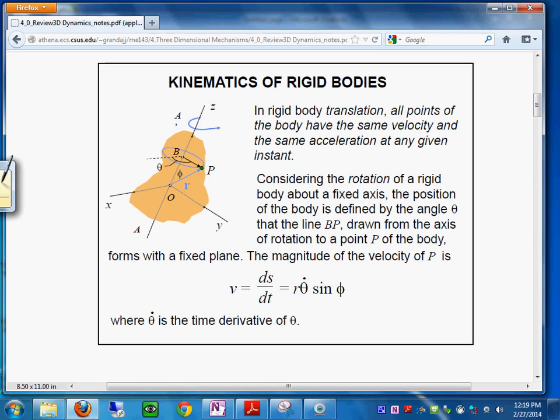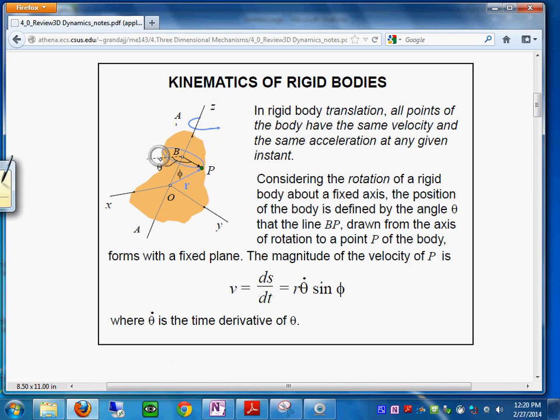So in this case, if we consider a rotation about a fixed axis, which is what this is, you will see that you have this vector BP in there. BP rotates like that. And then it follows that the velocity of P that we're looking for is the distance of the arc divided by time, so ds/dt.